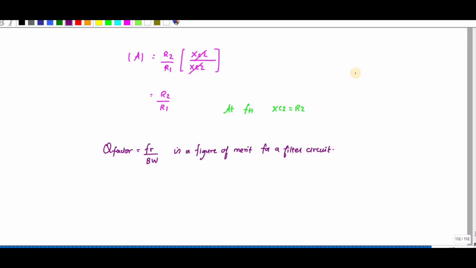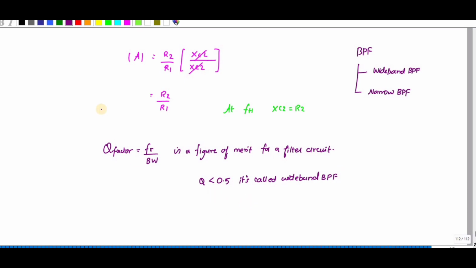Here the band pass filter is classified into two types. One is wide band pass filter, and another one is narrow band pass filter. Okay, so if the Q value is less than 0.5, it is called a wide band pass filter. Otherwise, it is called a narrow band pass filter.